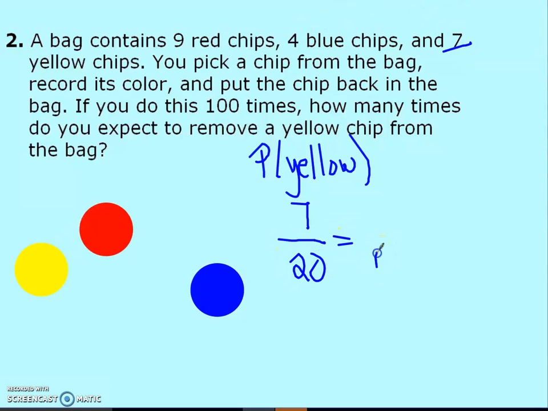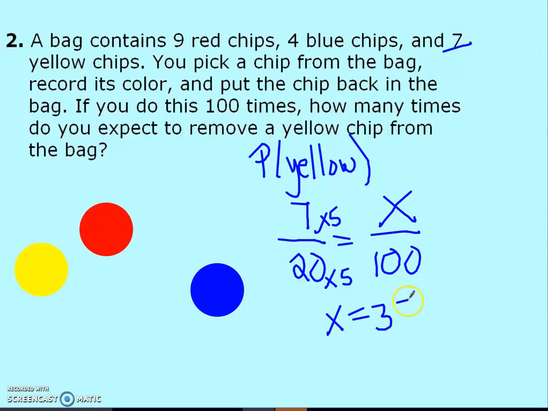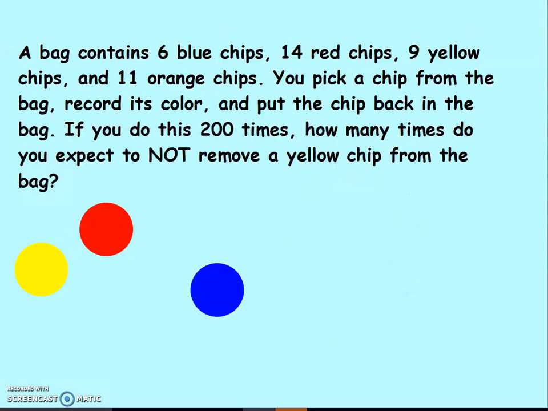And we're predicting to do this now 100 times. So now we can do equivalent fractions or we can do the cross product rule. 20 times 5 is 100, so 7 times 5 is 35. We're expecting 35 of these to be yellow out of a total of 100.